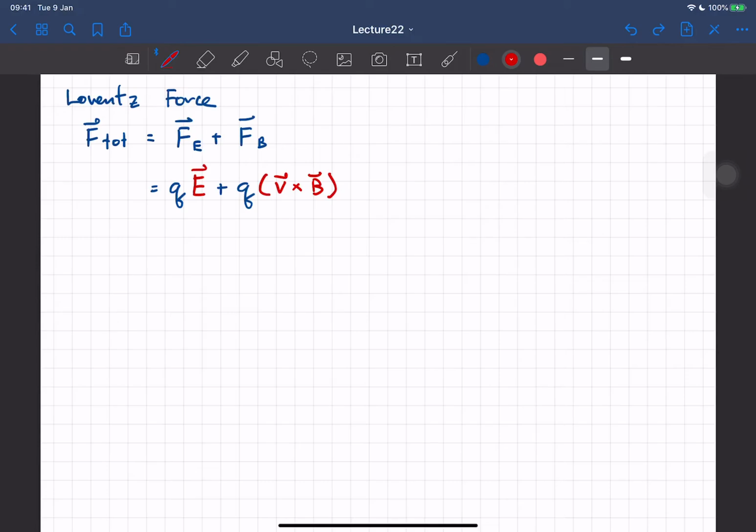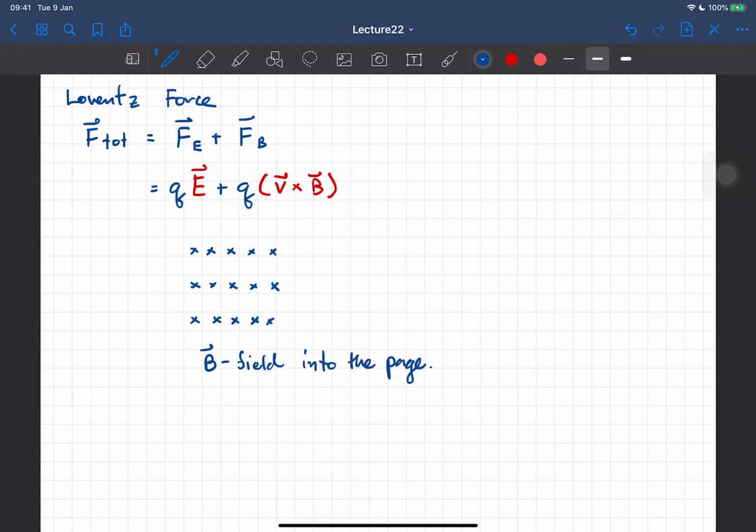So you can imagine that you have a region where the magnetic field is pointing into the page like this. Crosses mean magnetic field going into the page, so I will write here B field into the page.